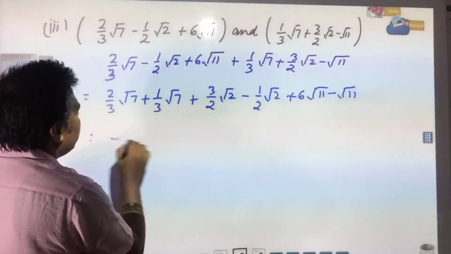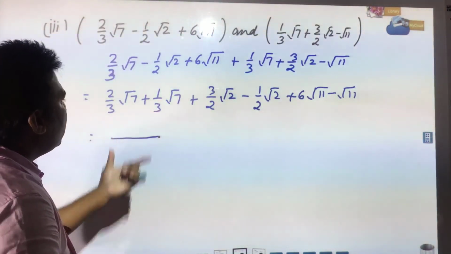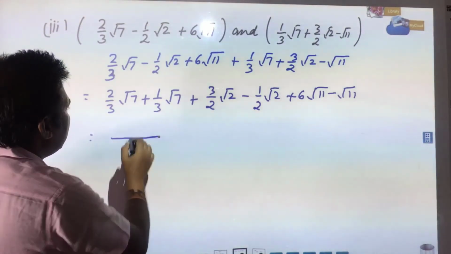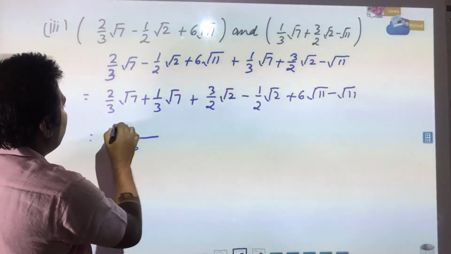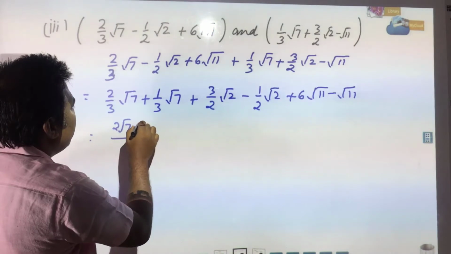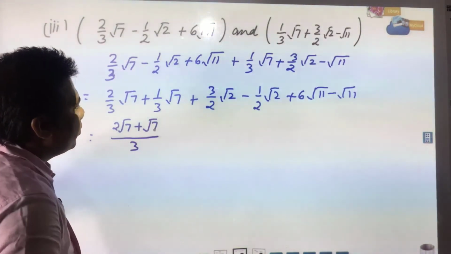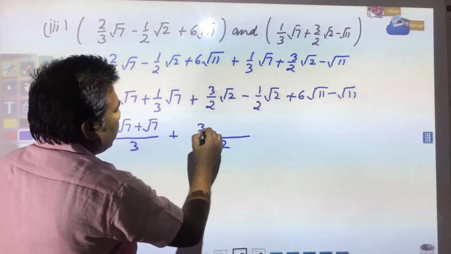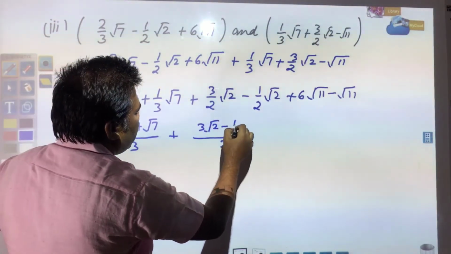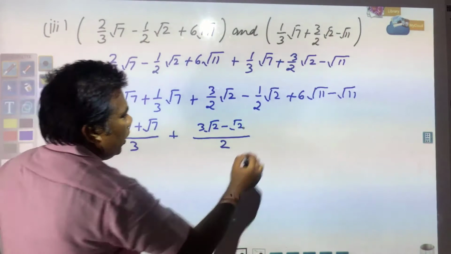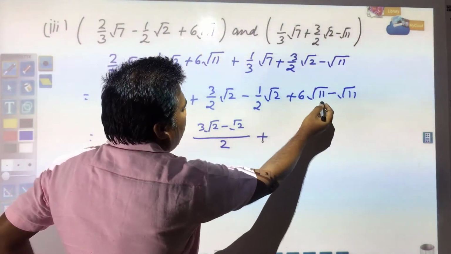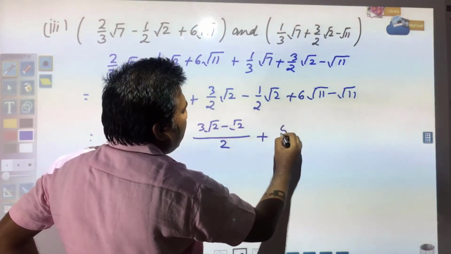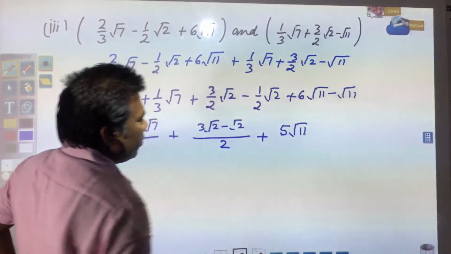Now, here you see these terms you add, because these are similar terms. So, 2 root 7 plus root 7 over 3, here you see LCM you will have 2, and this will be 3 root 2 minus root 2 over 2, and plus 6 root 11 minus root 11, 5 root 11.